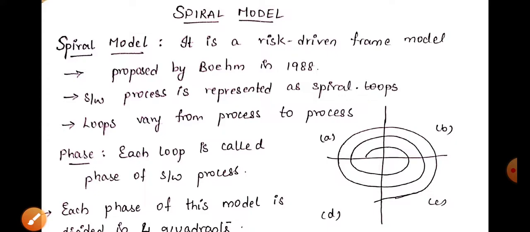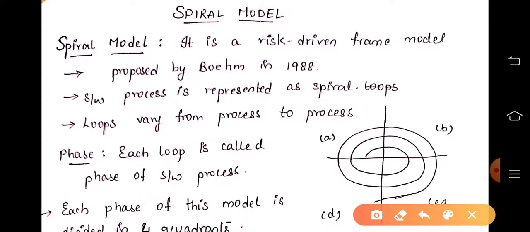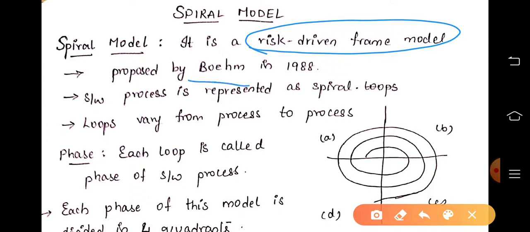Understood? It is a risk driven model, invented by Boehm in 1988, and the software process looks like a spiral, as you can see in this diagram. Each loop we call a phase, and each loop varies from process to process.